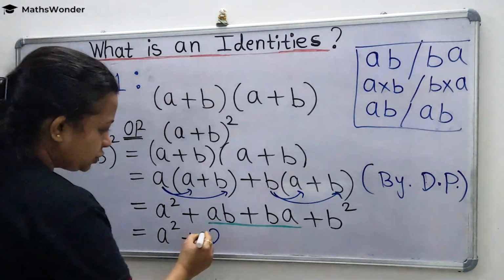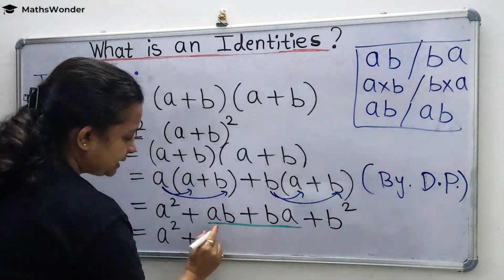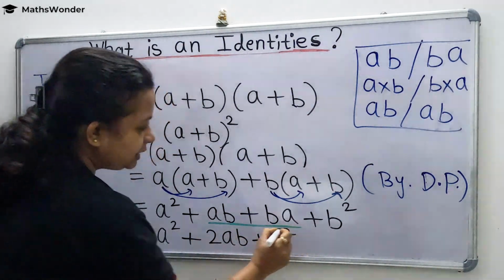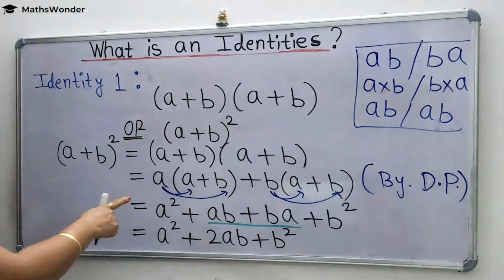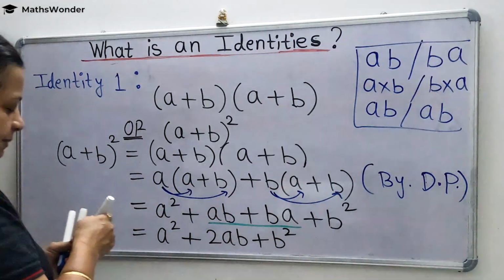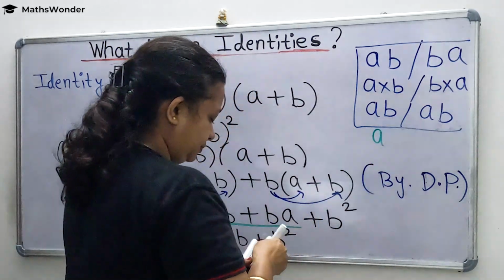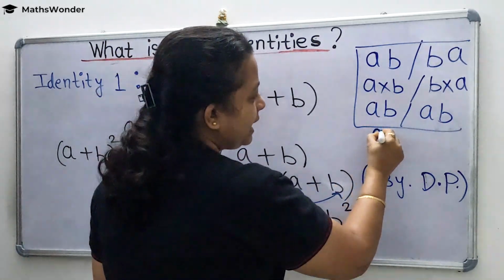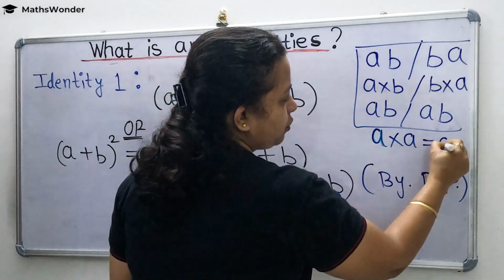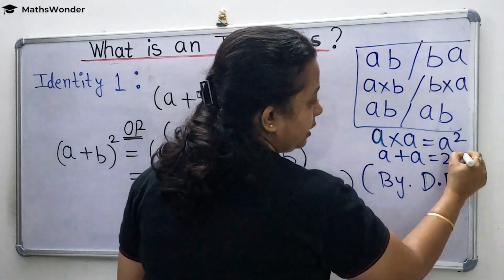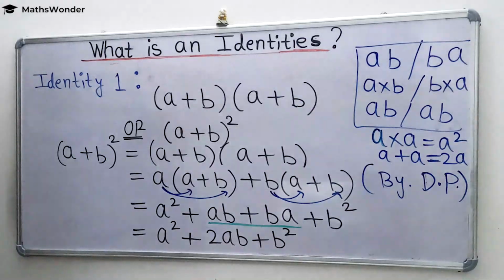Not a square. It's a plus sign, not a multiply sign. See, when you multiply a times a, look at the board this side, a times a will give a square, right? But a plus a will give 2a. Got it?